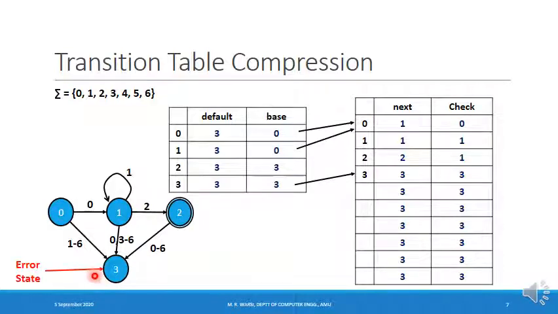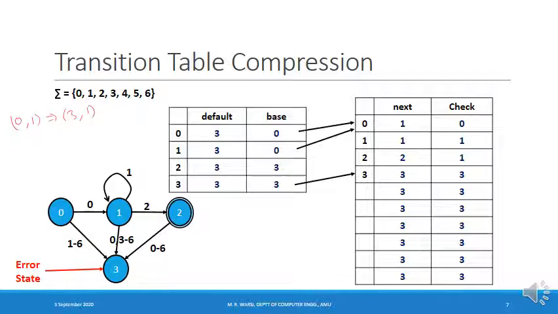So from 0 on 1, I am going to the error state number 3. So if I ask where will I go from 0 on 1, this is equivalent to saying where will I go from 3 on 1.